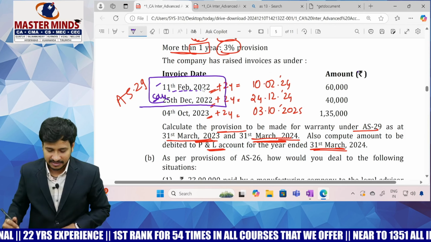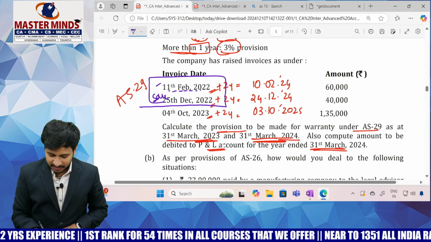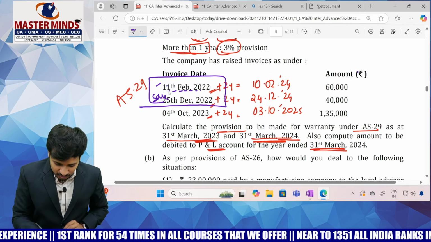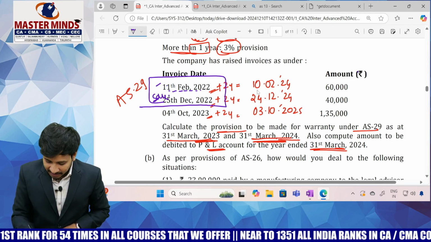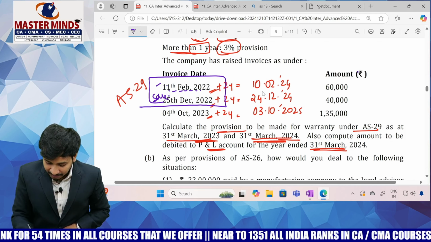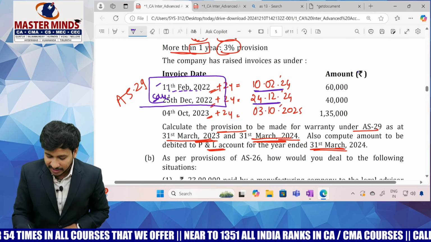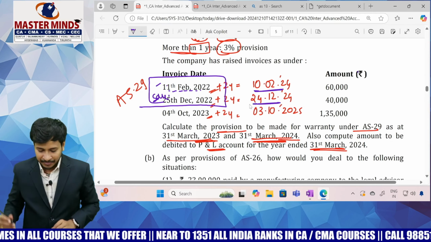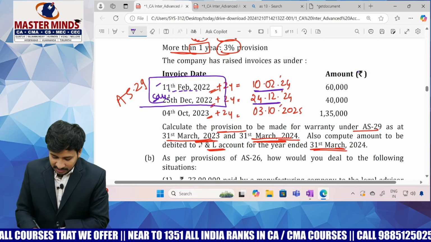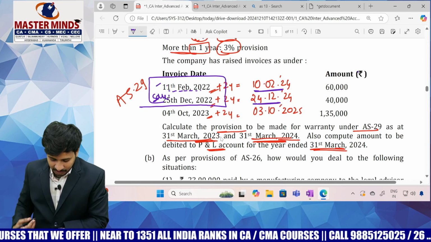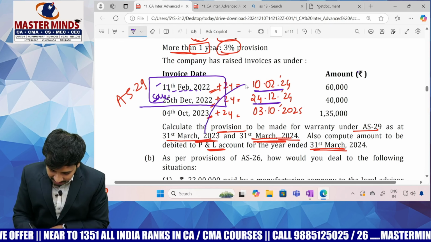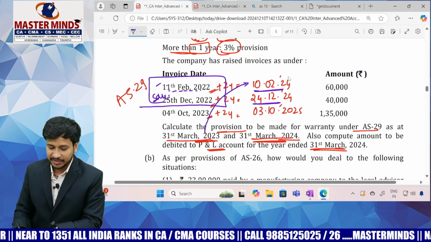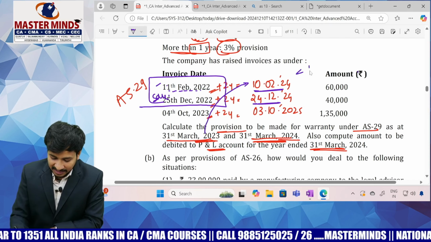That's very important. So on or before 31/3/2023, these two sales were happened, and the expiry date of warranty period is 10/2/2024 and 24/12/2024. Now, as on 31/3/2023, the balance warranty period from 31/3/2023 till 10/2/2024 is less than 1 year.